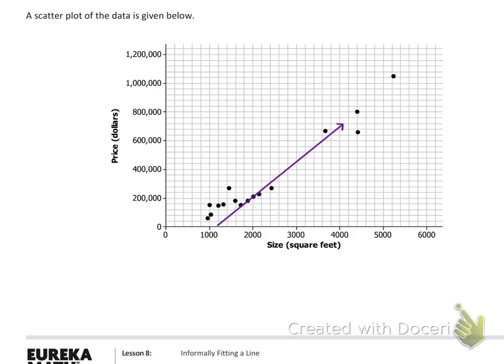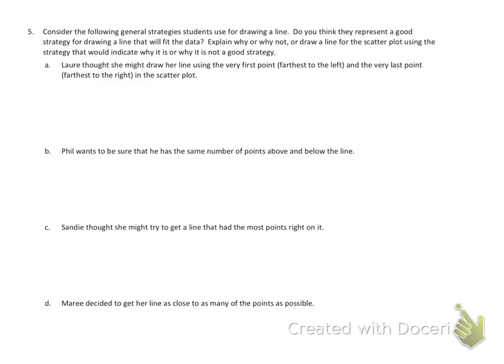Something like that has quite a few points that are right on the line, but I could also draw a line maybe here that has quite a few points on it too, which clearly doesn't fit the data. Okay, so that might not be what we want to do.